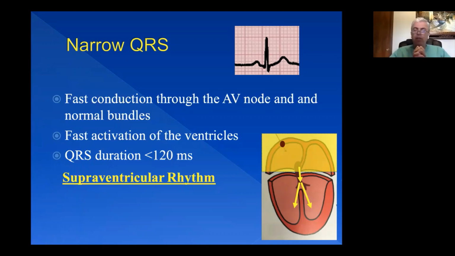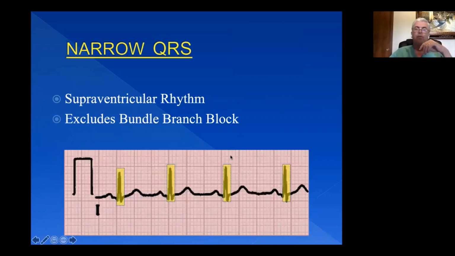Look at the 12-lead ECG, narrow QRS. Now your attention is shifted only to the supraventricular rhythm. You forget about this area. So to summarize, narrow QRS, you have a supraventricular rhythm, and you are excluding bundle branch block.